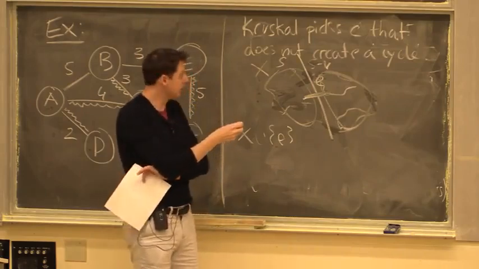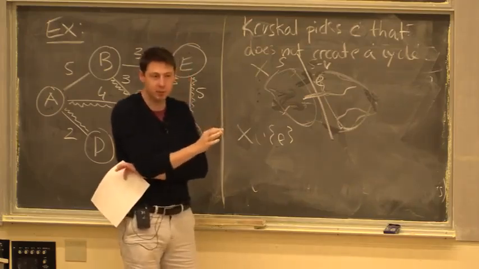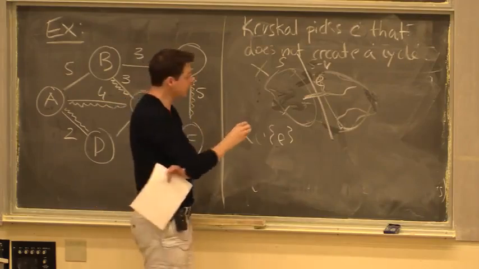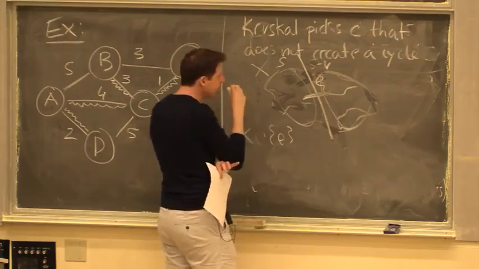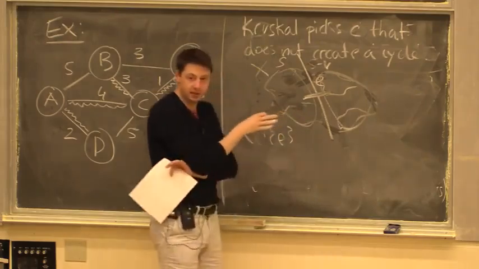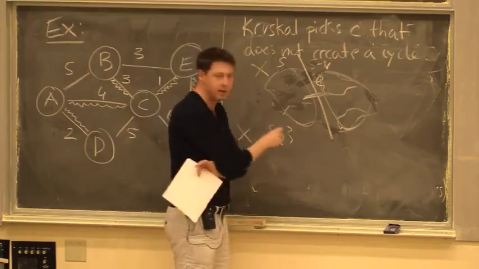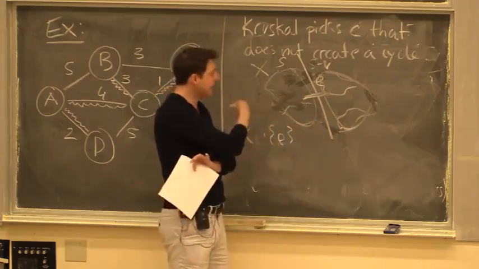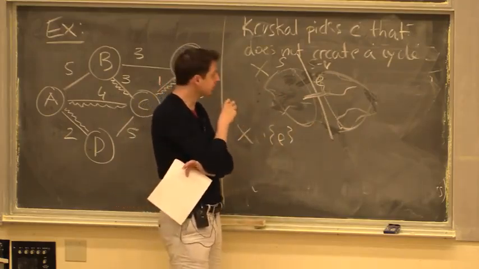Now, because E doesn't add a cycle, I know that X is at least two connected components. So, not arbitrarily, put a cut that E passes. It must pass in some cut. So here it is, and throw X in either side as it happens through this cut.